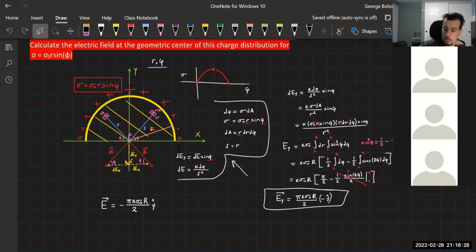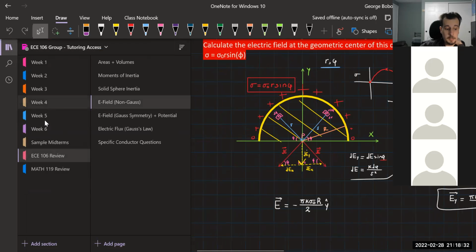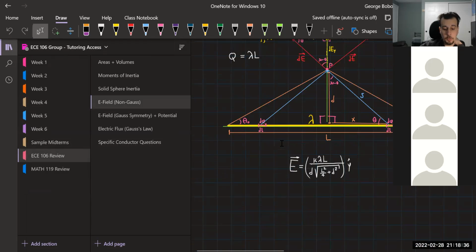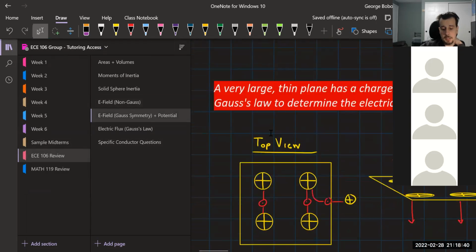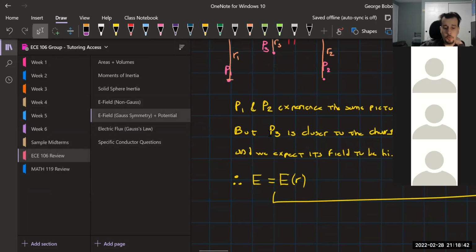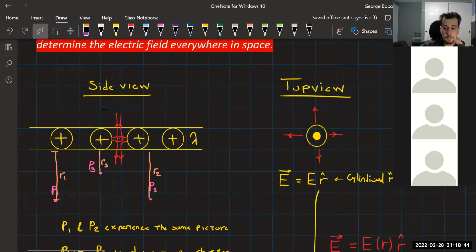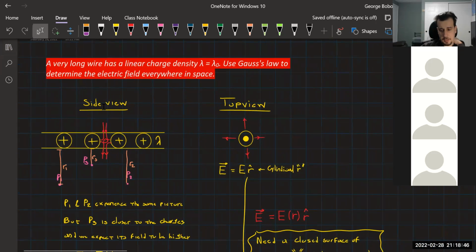Now, for you, Olivia, I just want to say that, again, for Gauss's law problems, how you approach them, a typical Gauss's law problem like here, any Gauss's law problem, you always come in, okay? Instead of me writing the steps, you can view the video and make a transcript of what I'm saying right now in steps.